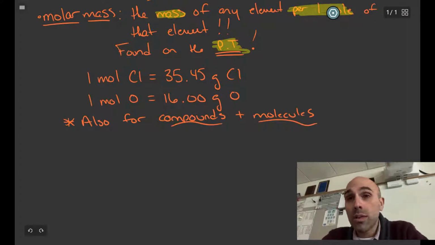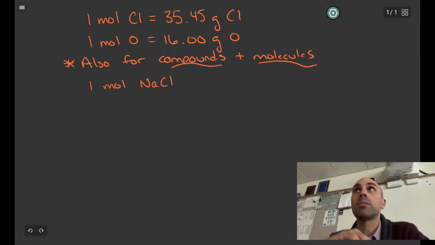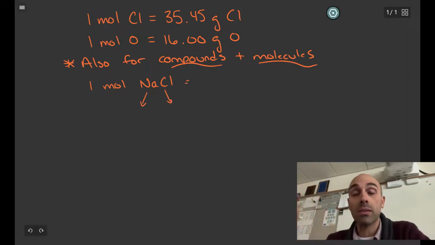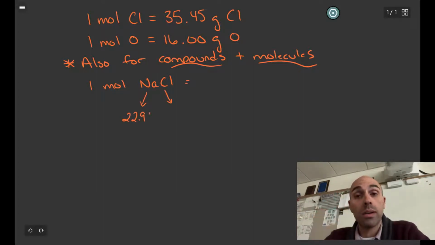So we can also do this for compounds and molecules. It doesn't have to just be 1 element off of the periodic table. It doesn't have to just be nitrogen or chlorine or oxygen. We can have molecules and compounds. Compounds such as sodium chloride, NaCl. Looking at NaCl, we see that there is 1 sodium and 1 chlorine.